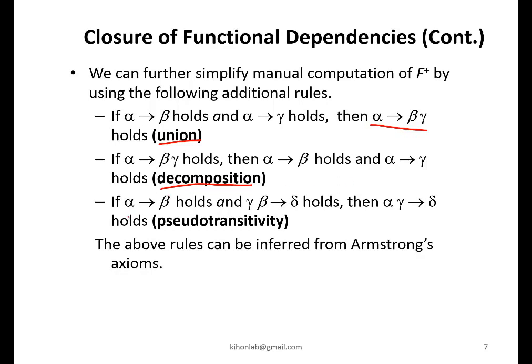Pseudotransitivity: if alpha derives beta holds and gamma beta derives delta, then we have alpha gamma derives delta. So these three rules of Armstrong's axioms are also important when we are trying to find the closure set of the functional dependencies.